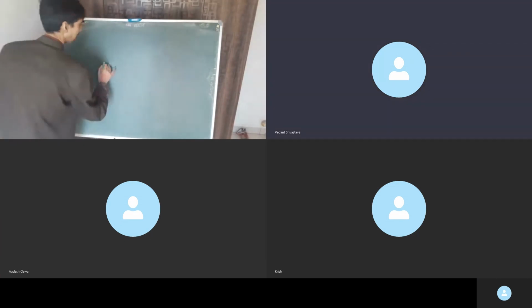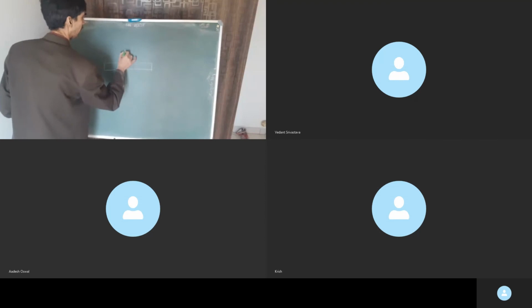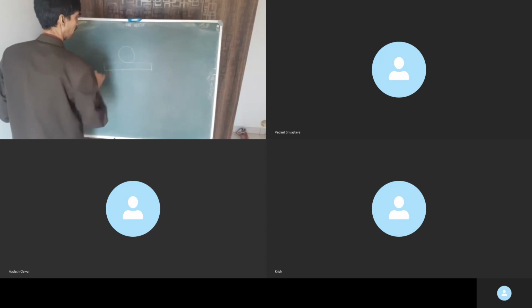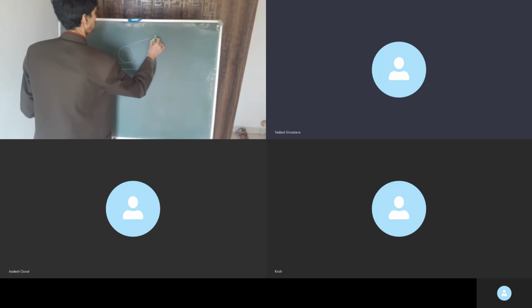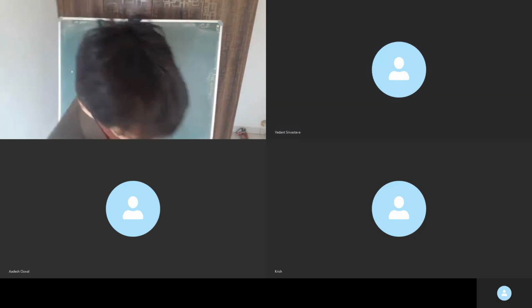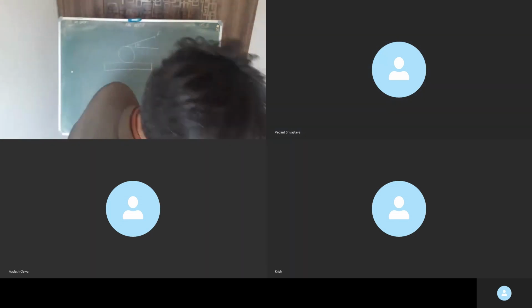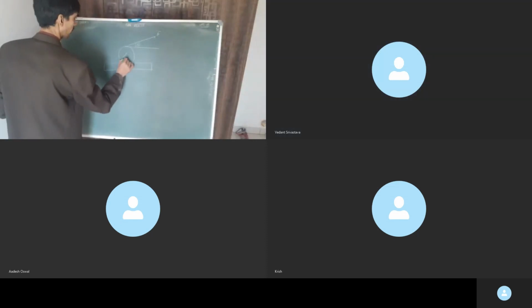Now here, this is the plank, and this is the cylinder. We are applying a force F this way, and this force makes some angle theta. Theta is given, small r is given, capital R is given, and the mass of it is m.